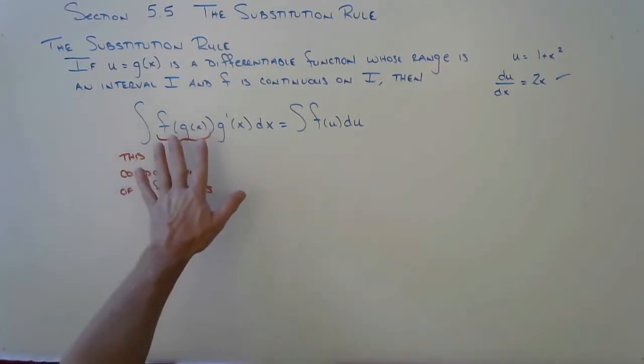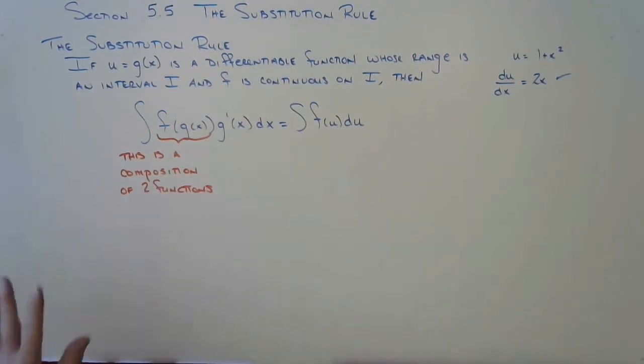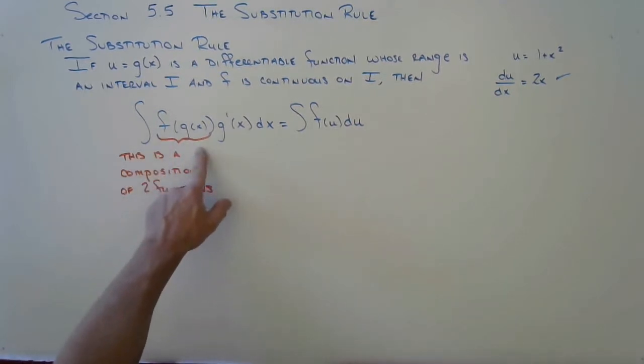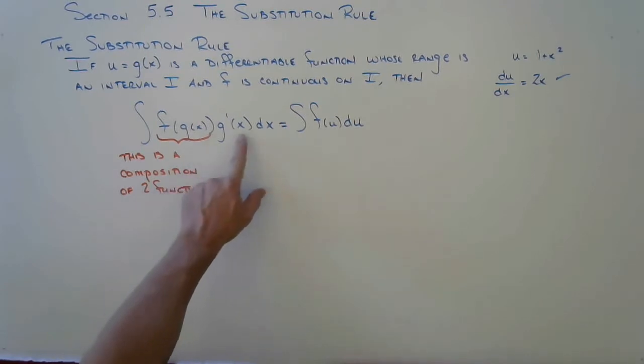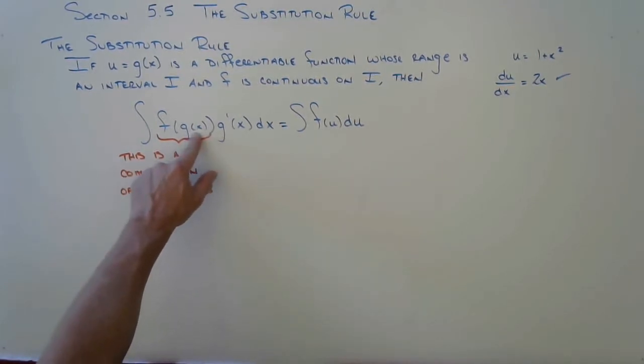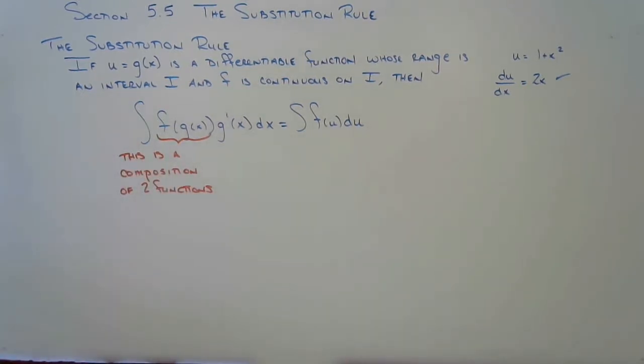I can help you find the antiderivative of a composition of two functions. If you have a composition of two functions as one of your factors, and you have the derivative of the inside function as one of your factors, then the substitution rule works.